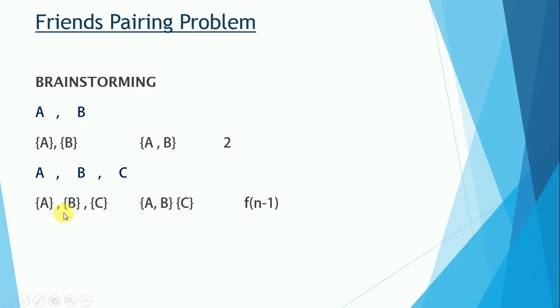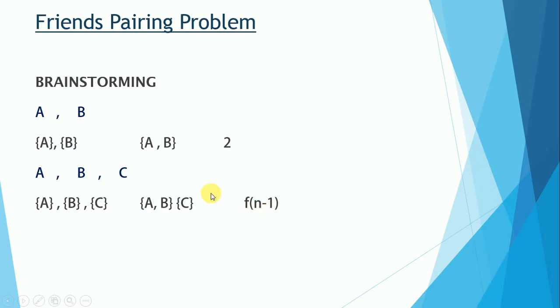So we are getting A, B and C as single, and A and B together with C as a single person, and you can see that these two are satisfying our problem statement. All are single, and one of them is single and two are paired up. Now we can determine these two ways using this component Fn-1.